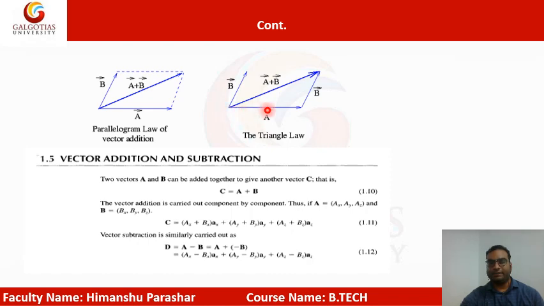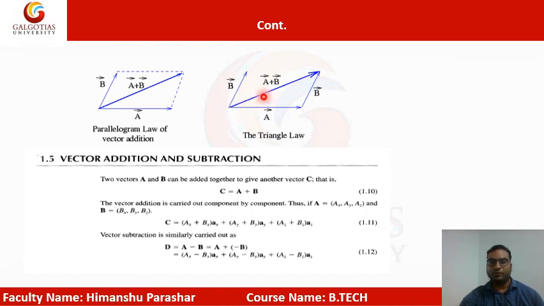Vector A is in this direction, then vector B starts where A ended, and then we create a C vector which is from the tail of A to the head of B. So it is the addition of A and B.